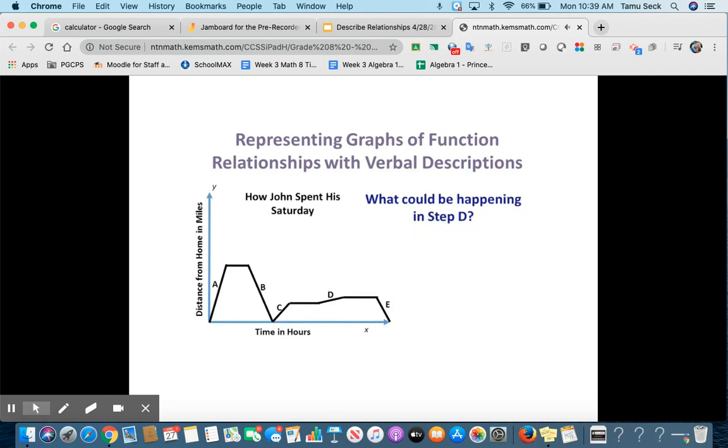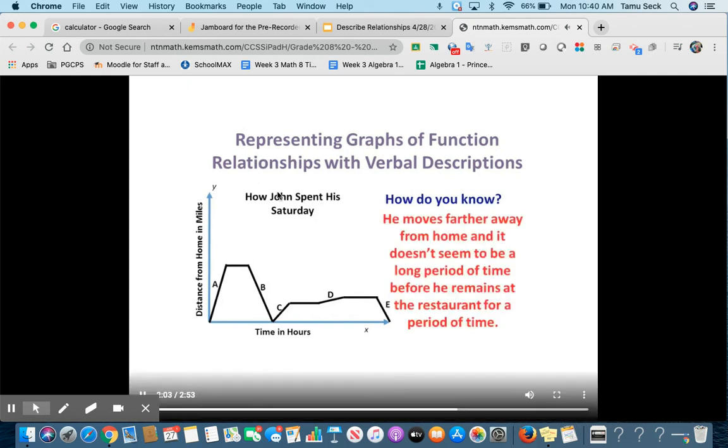What could be happening in step D? He decided to take a quick trip to a nearby diner to have dinner with his friends. How do you know? He moves farther away from home, and it doesn't seem to be a long period of time before he remains at the restaurant for a period of time.